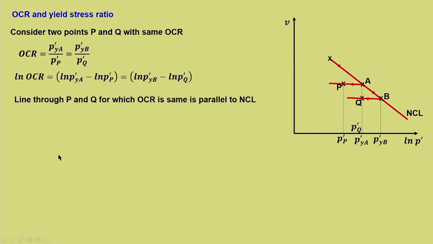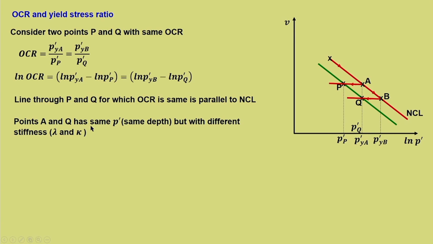The line through P and Q, for which OCR is the same, is parallel to NCL. So if you draw a line through P and Q, it will be parallel to NCL because these are of the same OCR, which is shown here as this line.